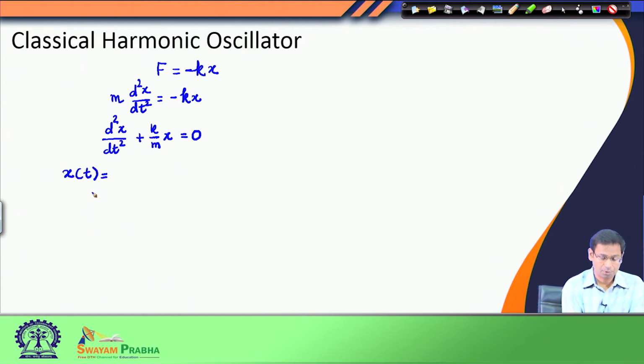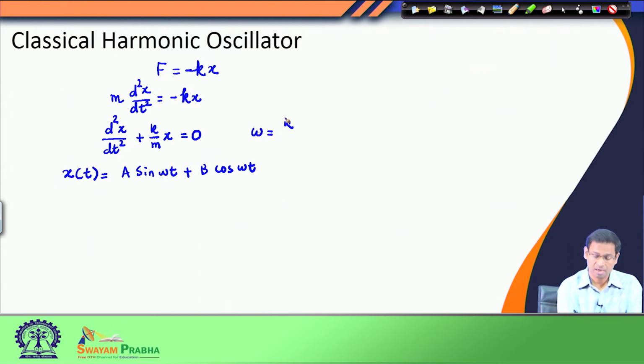I provide a general solution to this differential equation as a sum of a sine function and a cosine function, where this omega I have defined as the square root of k over m.